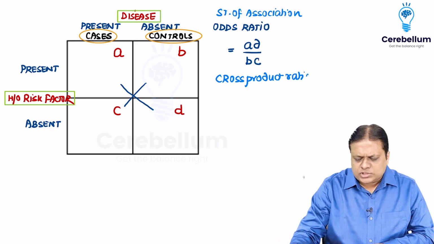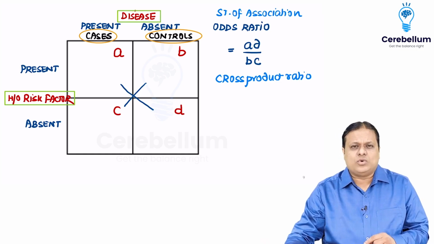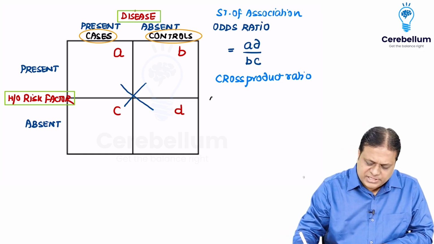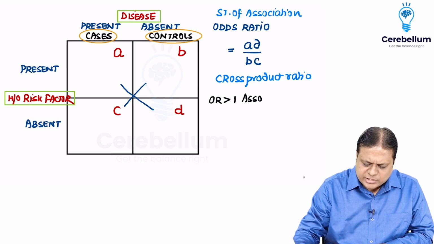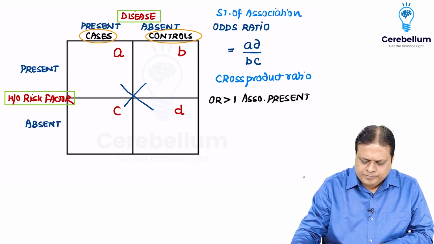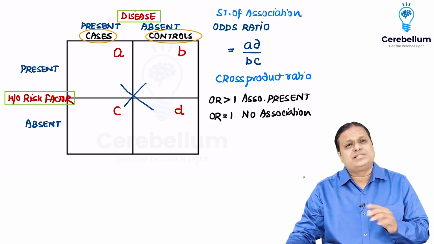Now, it is also a strength of association like we have relative risk in a cohort study. Formula may be different, but its meaning and interpretation is same. So, odds ratio may come more than 1. Declare association is present. If odds ratio comes equal to 1, no association is present, it must be having some other risk factor.